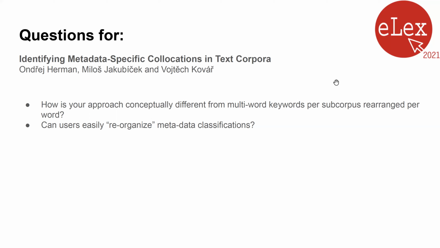But I feel the advantage of this development is that you look at the word sketch as a summary of the word, and you see the information directly there. You don't need to think if you should investigate if that particular collocation is specific for a particular subcorpus. You do the rearrangement per word for us, right? Yeah, that's actually the rearrangement.